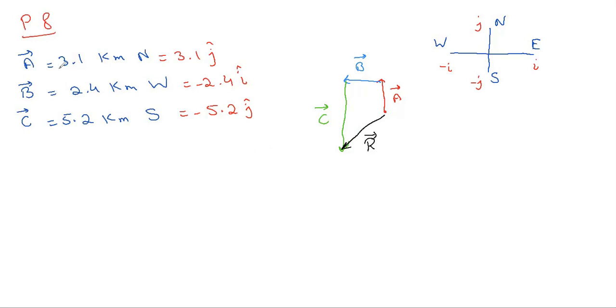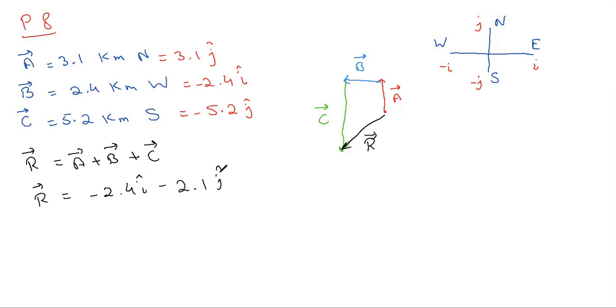To find it, we can just add all of these vectors, A plus B plus C. The i components will be added to i components, and the j components to j components. We have only one i component, so that will be minus 2.4 i hat, and minus 2.1 j hat.